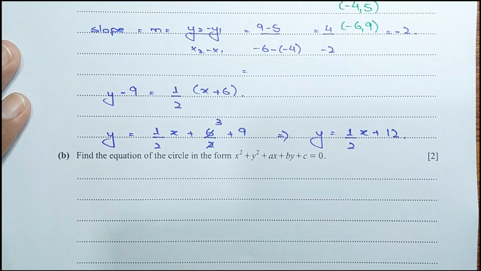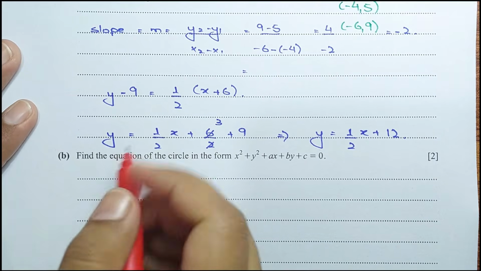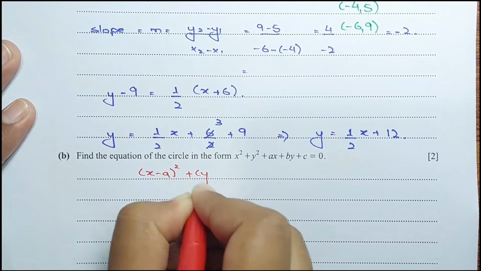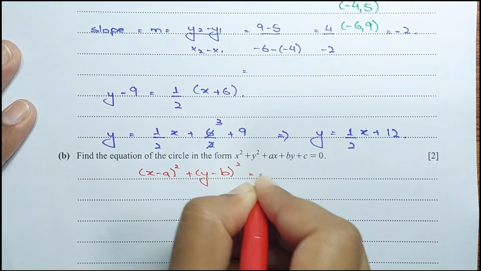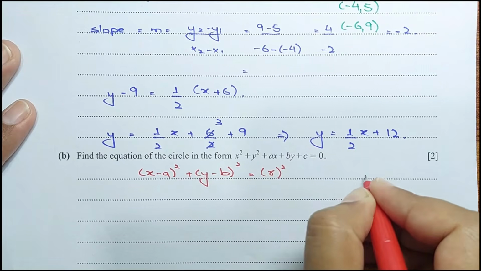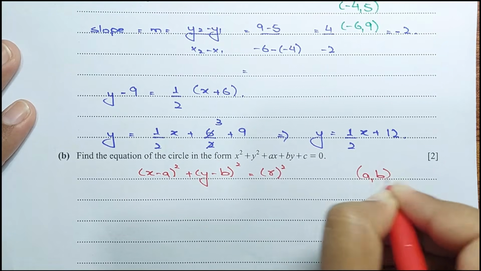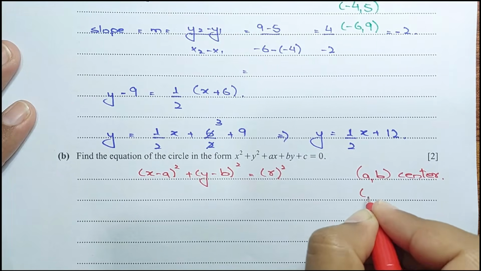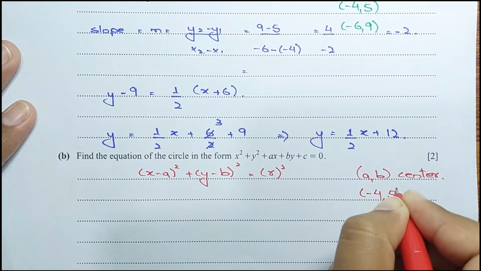Now for part B, find the equation of the circle in the form of this. Okay, so we have the formula for the equation of a circle, which is x minus a whole square plus y minus b whole square equals radius square. What is AB? AB is the center of the circle, right? And we have been given the center: -4 and 5.